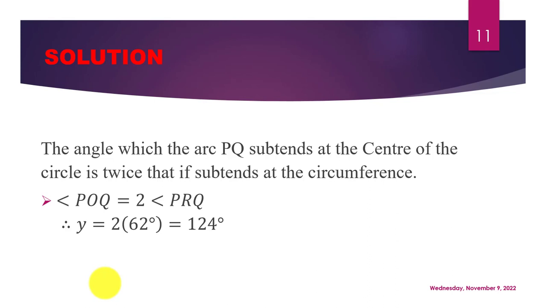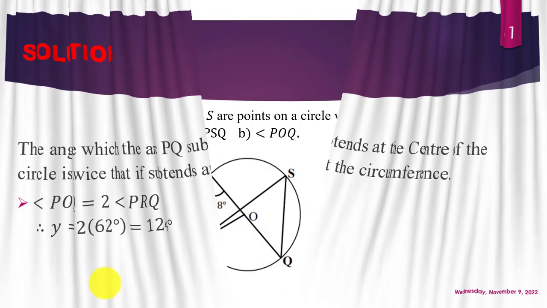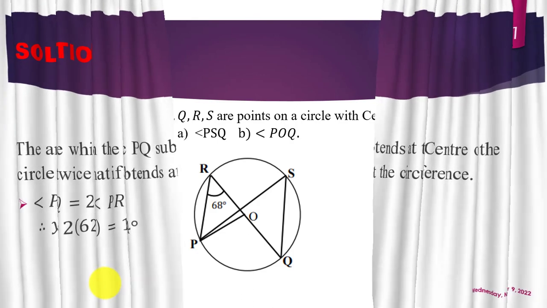Therefore, y will be equal to 2 times 62 degrees, giving us 124 degrees.